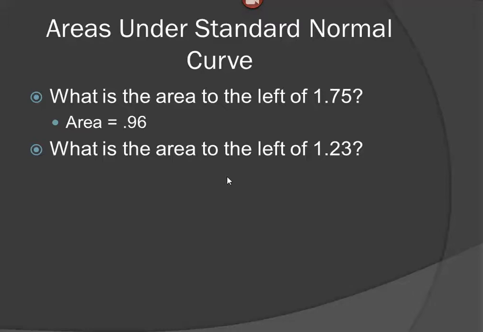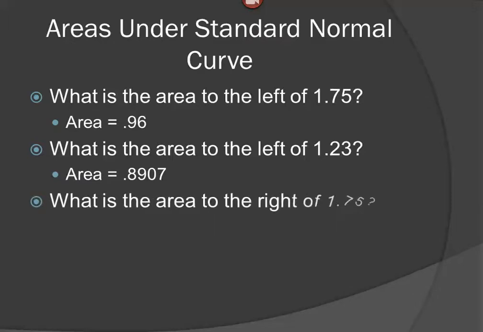All right, if we look up 1.23 on the z-table, you can look it up right now. You would see that the area to its left, when we look it up on the table, is 0.8907. Also looking at your table, how would we find the area to the right of positive 1.75?